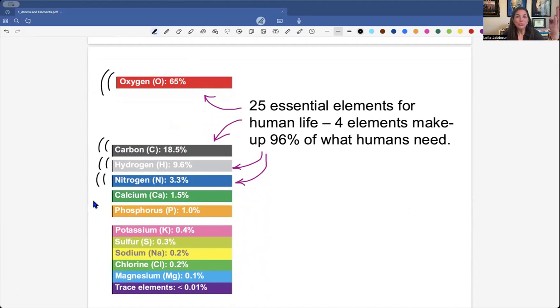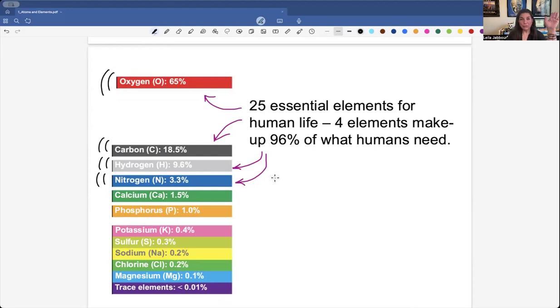These are the 4 most important elements that the human being needs to survive. Oxygen, because of course that's the only way we can breathe and produce energy. We need oxygen. Carbon, hydrogen, nitrogen, those are just very, very important parts of our body. So those are the four most essential.